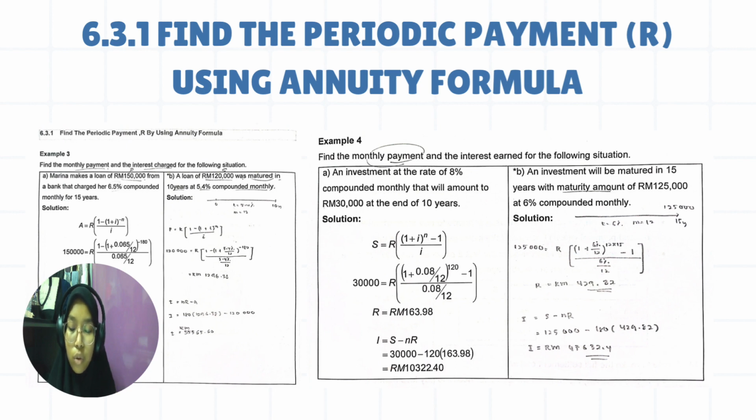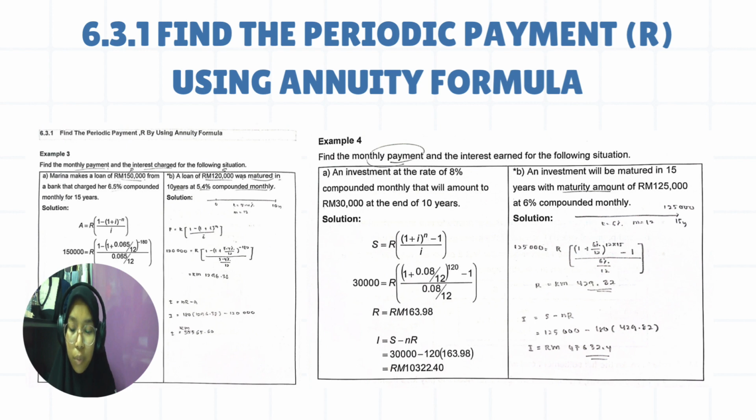So we insert all the information given and we can find R. After we find R, if we want to find the interest charged, we can just use the formula I equals N times R minus A, because we use the present value formula.